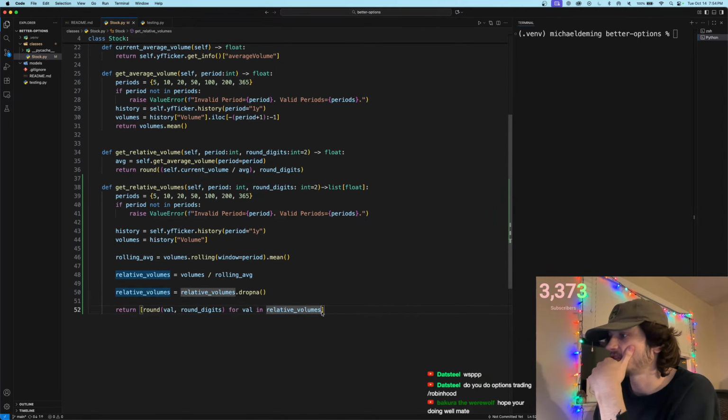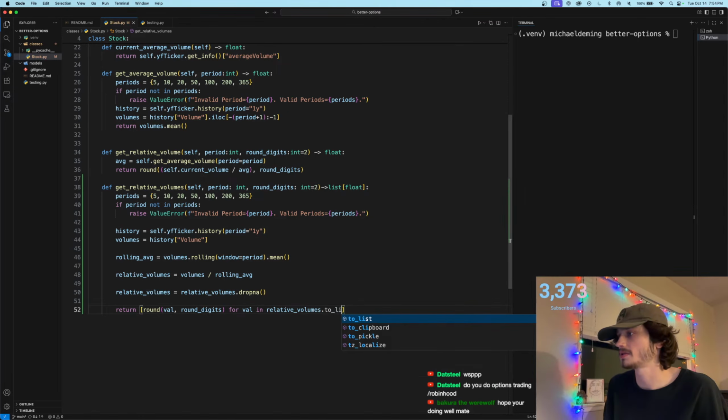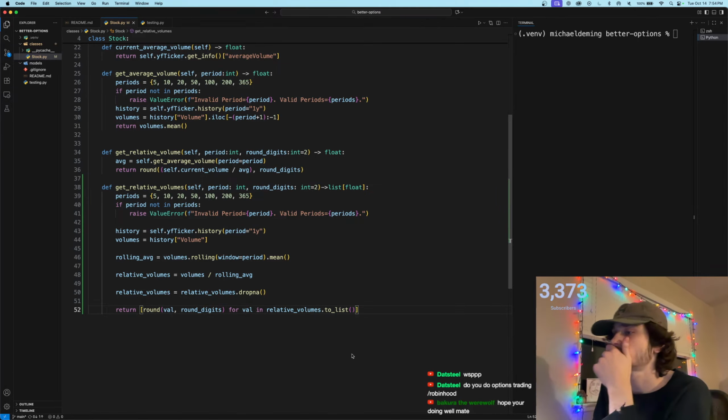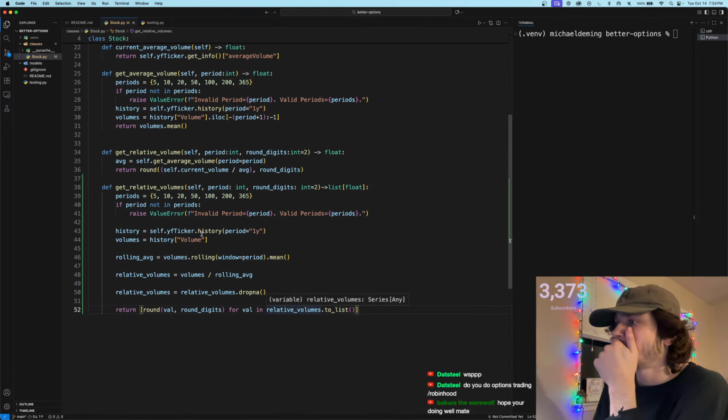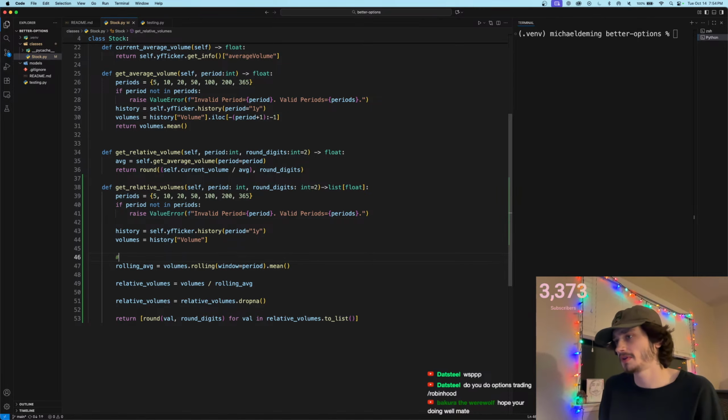But this is a data frame, right? So you have to do two lists, like such. Okay, so what this one is doing is computing a rolling average for each day in the period.